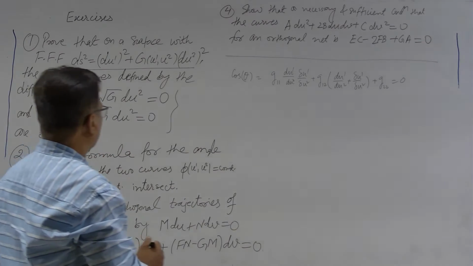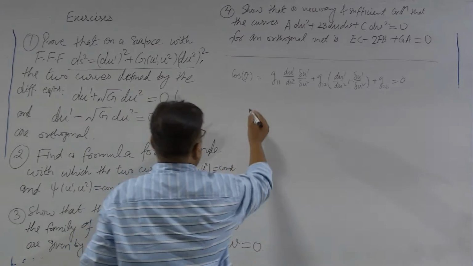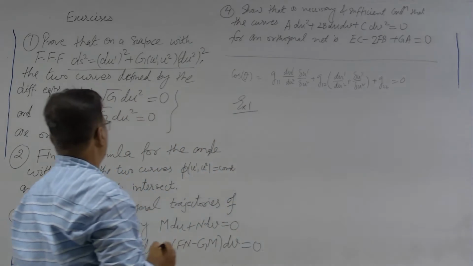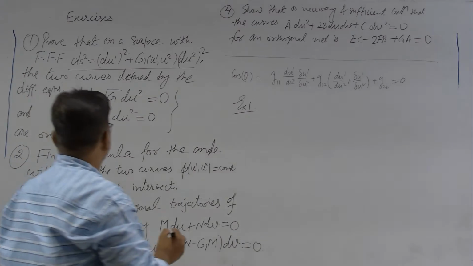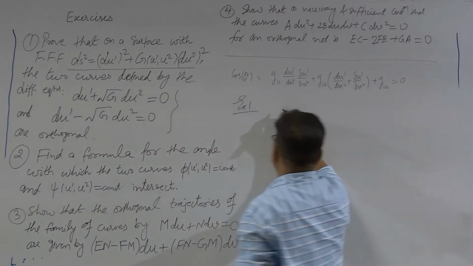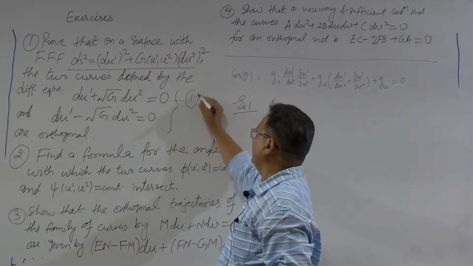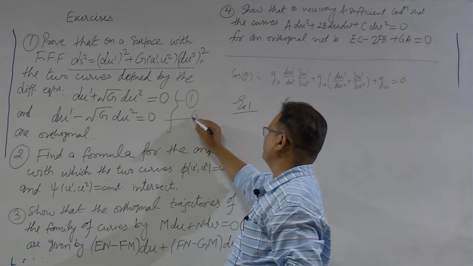So, the direction of the curve. This is exercise number 1 which I am taking up first. So, the direction of the two curves, let me denote the direction of the first curve. This is curve number 1 and this is curve number 2.